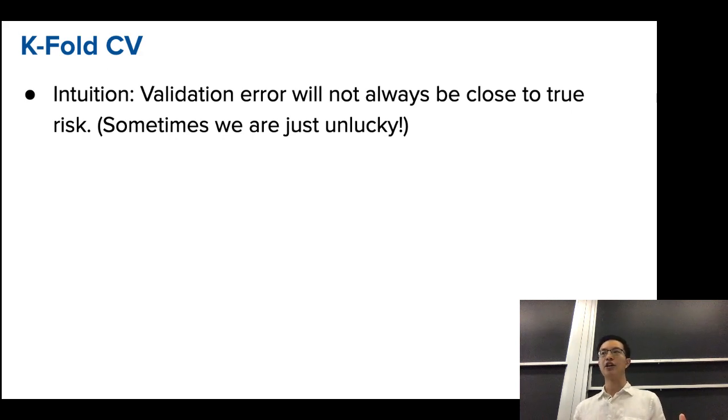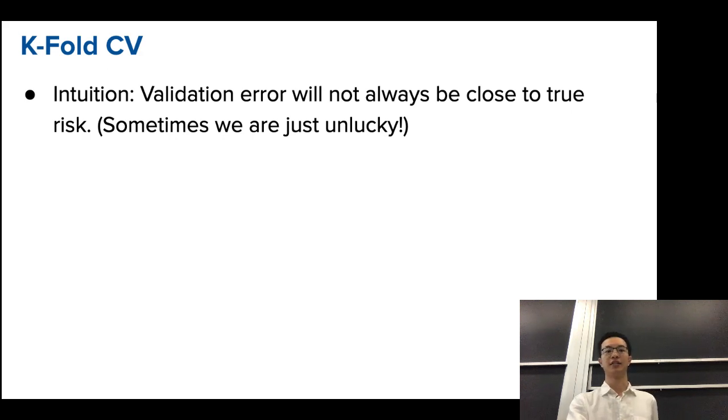usually your validation error will be close to your true risk, but sometimes it won't be. Sometimes you can just get unlucky with the way you split apart that data, and so you have some variance in your validation error. The validation error is trying to estimate the population risk, and sometimes you're going to get some variations around the estimate because of the randomness of the sample.